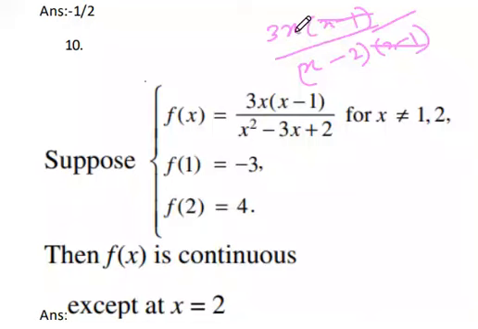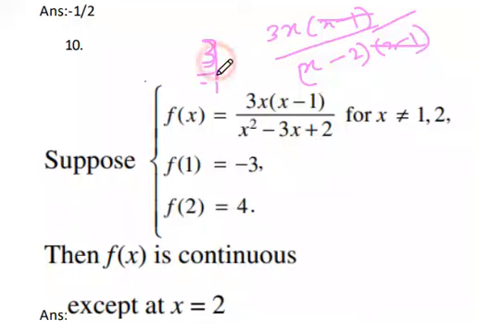So you can see that as x tends to 1, the numerator goes to 3, the denominator goes to -1. That means as x tends to 1, this function goes to -3, which is the same as the functional value. So f is continuous at 1.